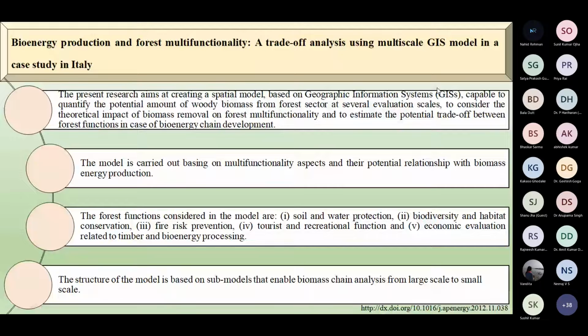In the model they considered soil and water protection, biodiversity and habitat conservation, fire risk prevention, tourist and recreational function, and economic evaluation. So they structured the model accordingly for its application.